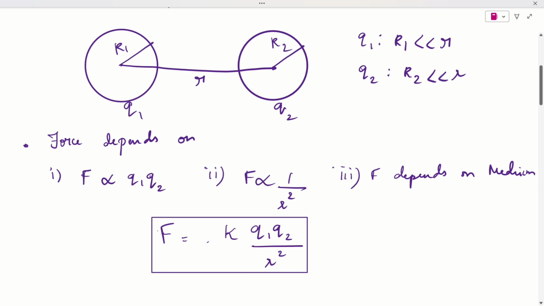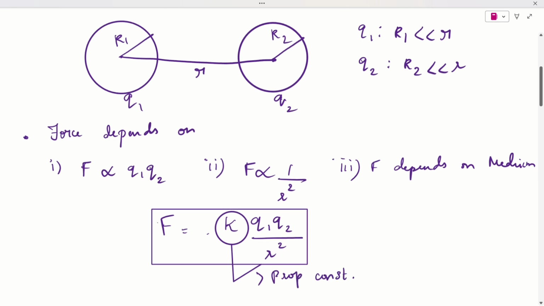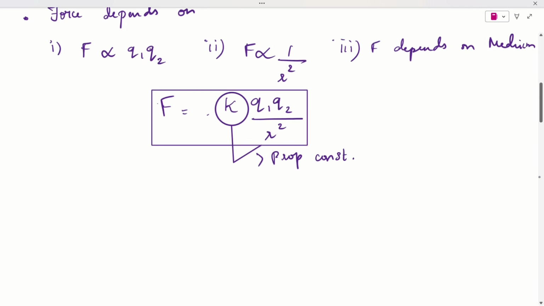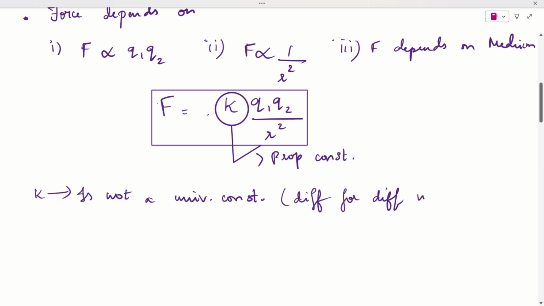Compiling all these three, we get the electrostatic force between the two charges to be this. Here, K is the proportionality constant, and this proportionality constant is not a universal constant, because K is going to be different for different media.